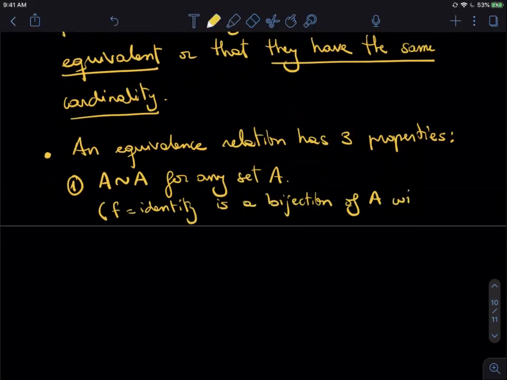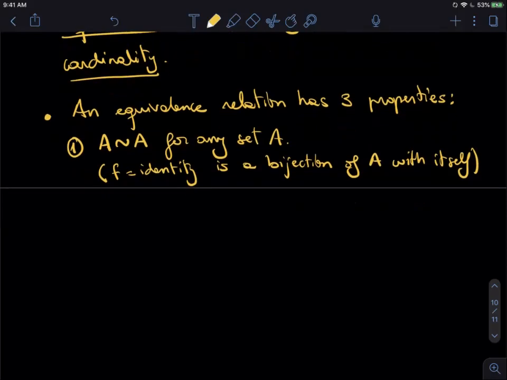This is a bit silly, but it just means that every element in A can be put in correspondence with itself by the identity. The identity means doing nothing.